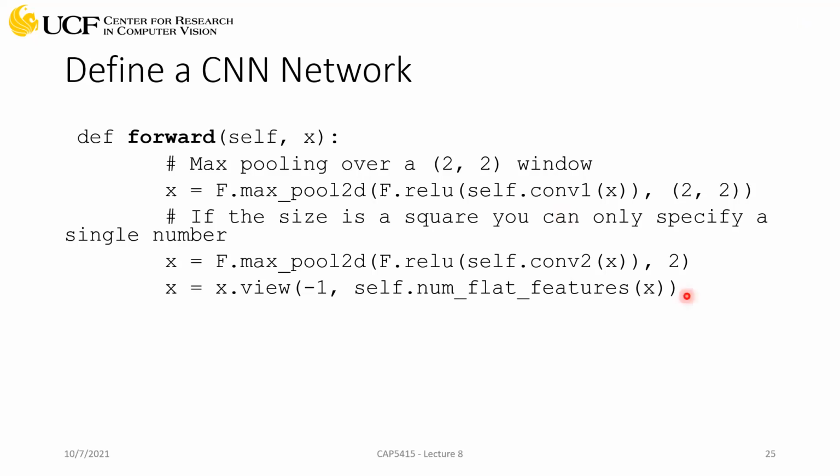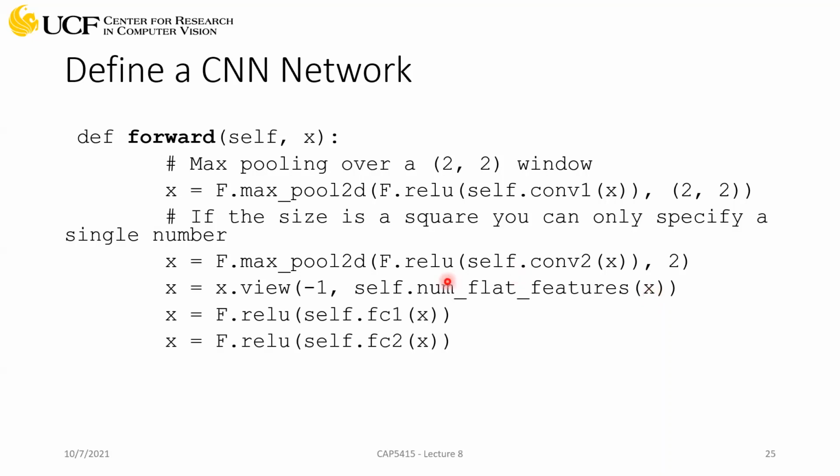Okay, so this is just doing reshaping. We'll go over this function, how it's able to compute the number of features you have in X. That's coming up in the next slide. Then let's say we did that. Then X is a flattened feature vector with two dimensions. The first is batch size, the second is number of features. Then we just pass them on to the fully connected layer. We define FC1. Then that's passed to the second fully connected layer.